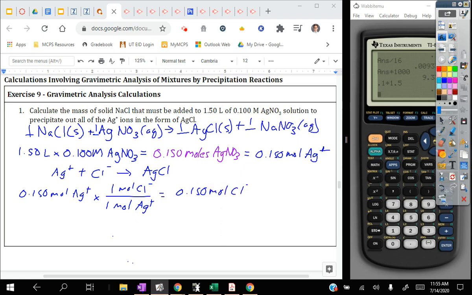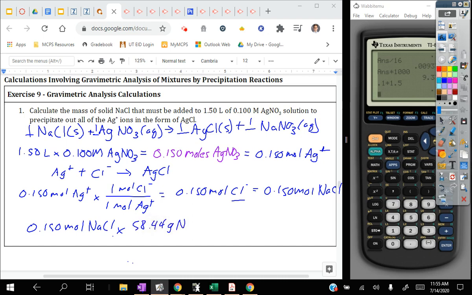Similar principle to what I just described above with Ag plus ions, there is 1 mole of Cl minus for every 1 mole of NaCl. So this is also equal to our moles of NaCl. So then we just need to convert moles of NaCl to grams of NaCl.